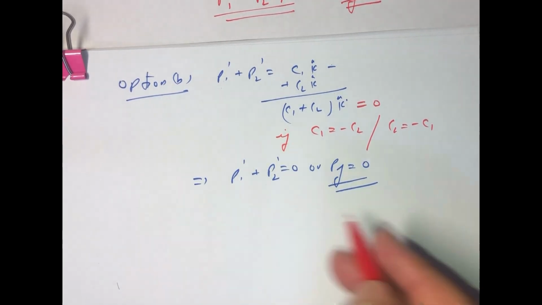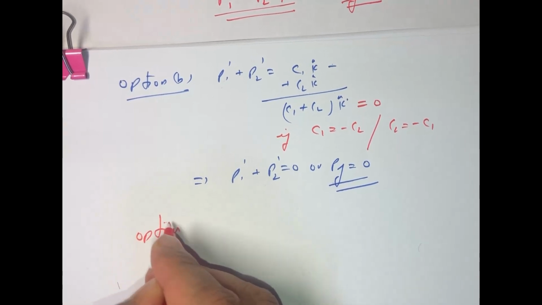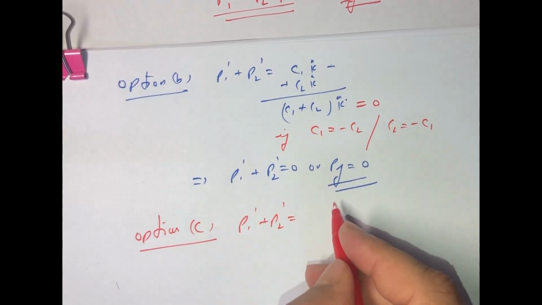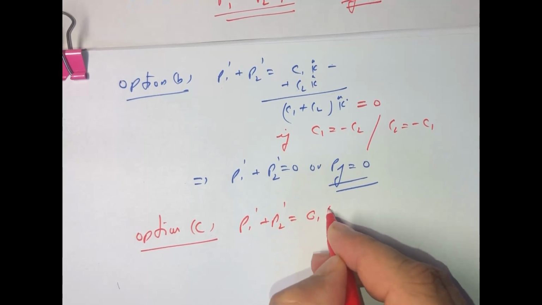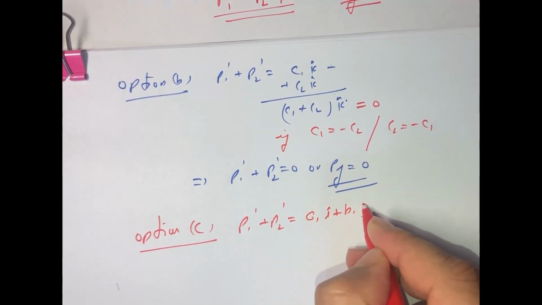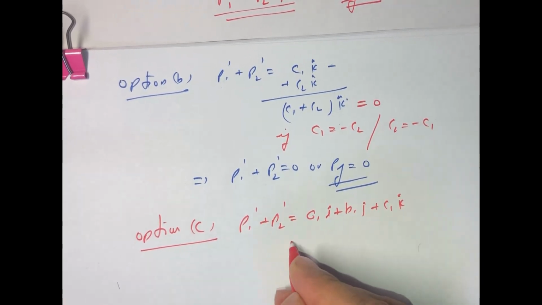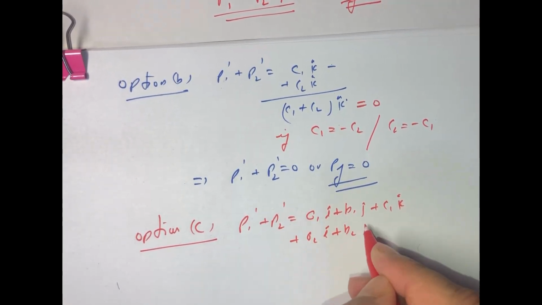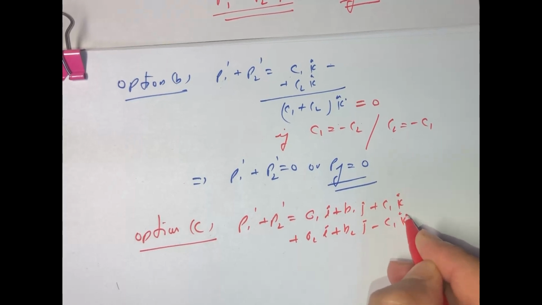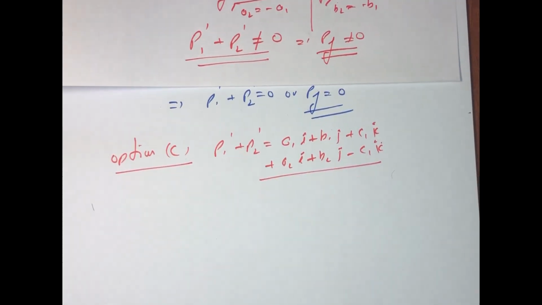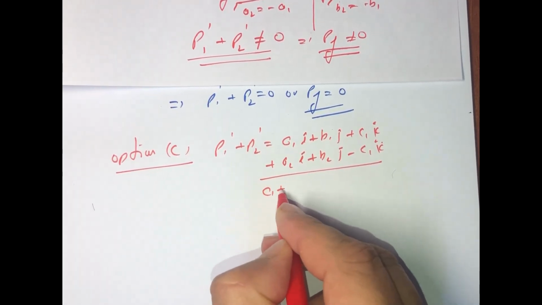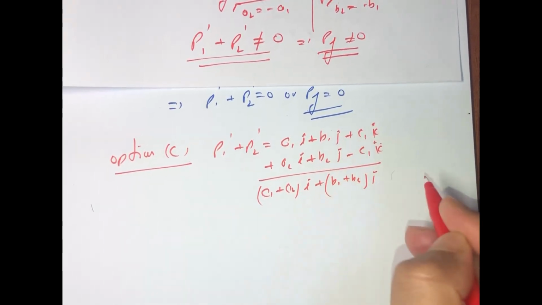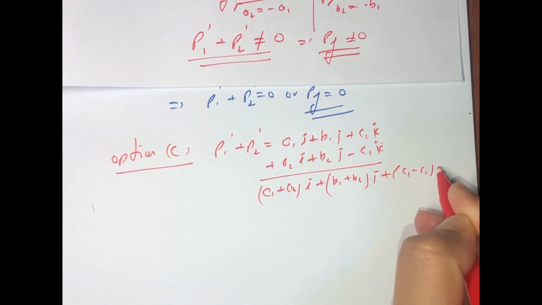Next is option number C. We write p1 prime plus p2 prime, and p1 is a1i plus b1j plus c1k plus a2i plus b2j and minus c1k, and their addition will be coming as a1 plus a2 i plus b1 plus b2 j plus c1 minus c1 k.